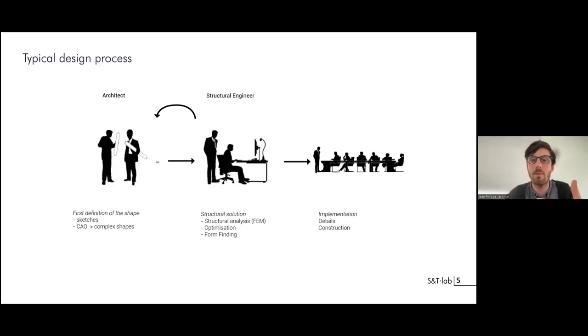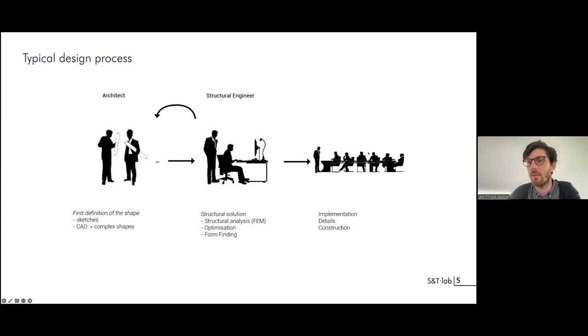There are many nice tools, but most of the time you have this back and forth loop: we come with an idea, we check, does it work? It doesn't work, so we have to change a little and adapt, and then maybe this calls for an important modification of the architectural concept, and then we modify again.